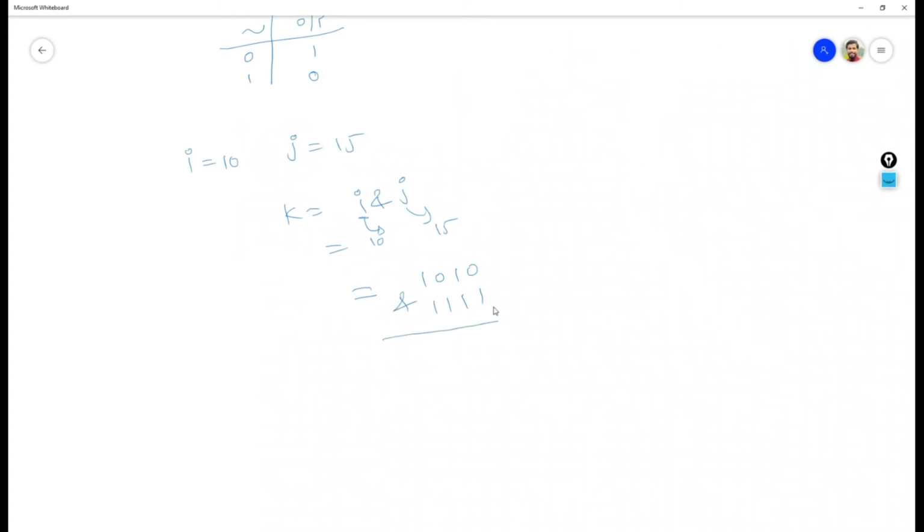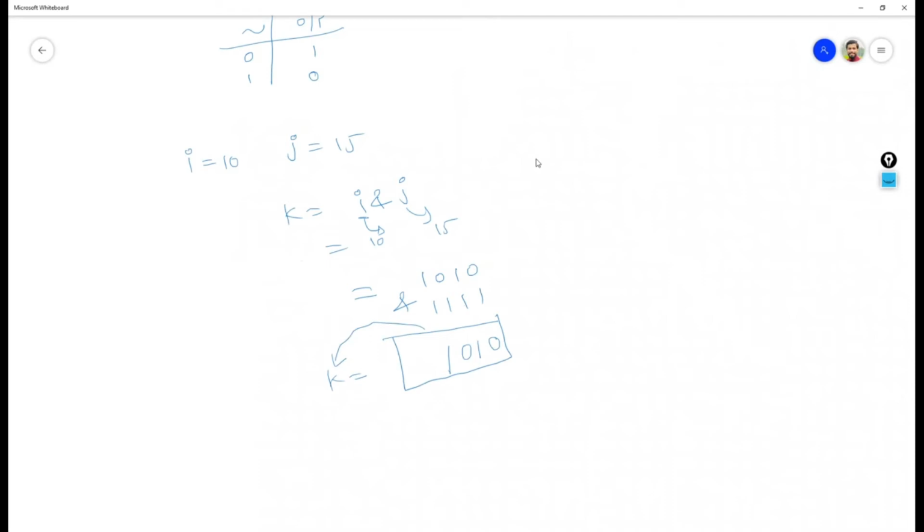Then we do the AND operation. 0 AND 1 is 0, 1 AND 1 is 1, 0 AND 1 is 0, 1 AND 1 is 1. So my output is 10, which will be stored into k.